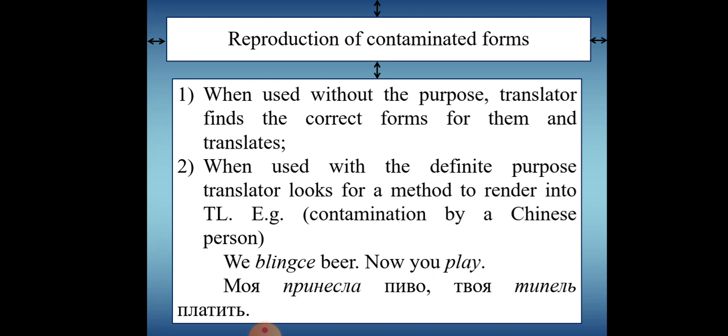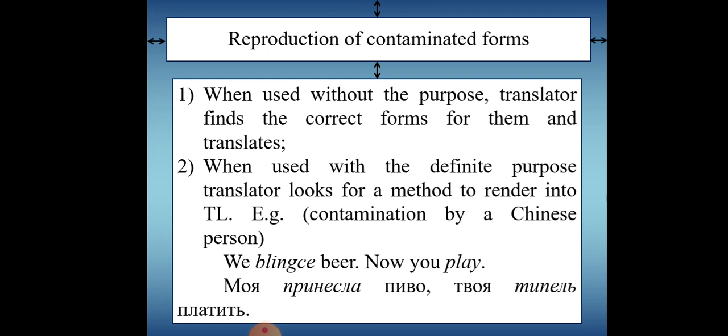Specific problems are connected with the reproduction of foreigner speech in the original text. The contaminated forms can be used with some purpose or without it. When used without the purpose, these contaminated forms just speak of the sources belonging to a different language community. A translator finds the correct forms for these contaminated ones and translates them.